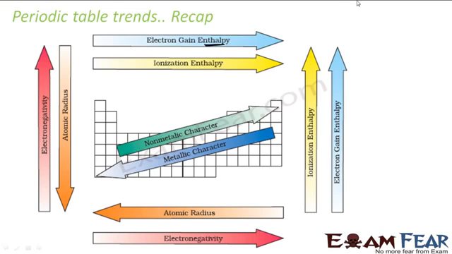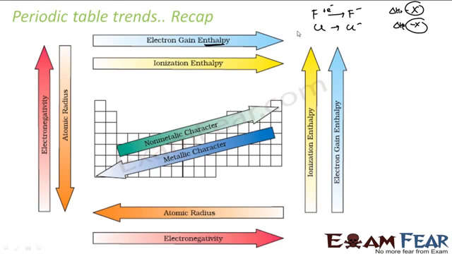For example, fluorine becomes F minus, and in this case they emit some energy, delta H is negative. This is an isolated gaseous atom, and it accepts an electron to become a gaseous ion. In most cases it releases energy, and that's called electron gain enthalpy.